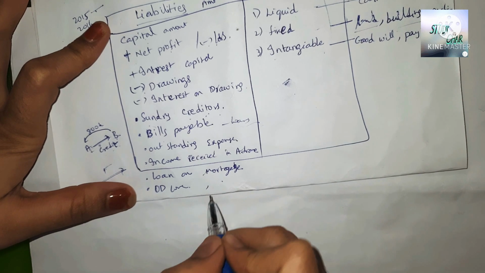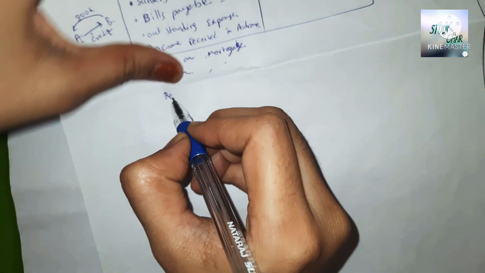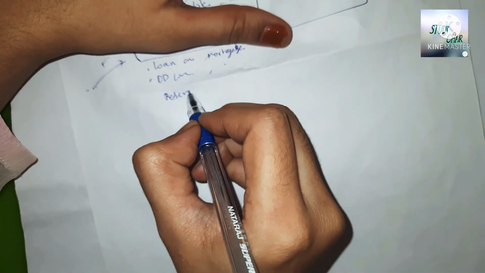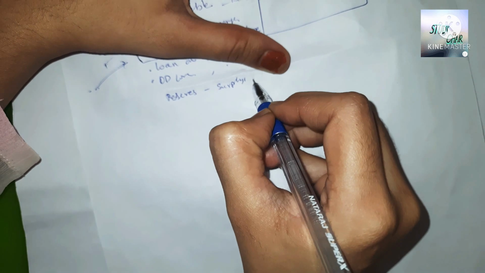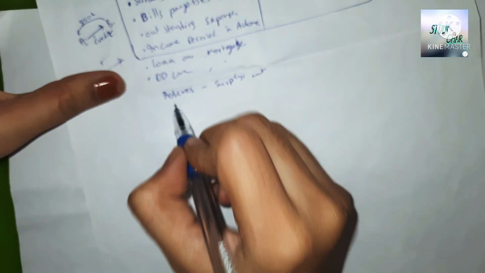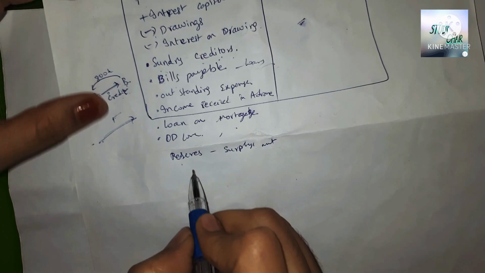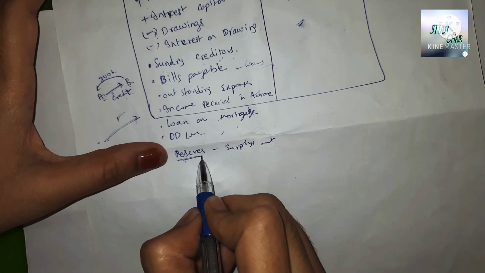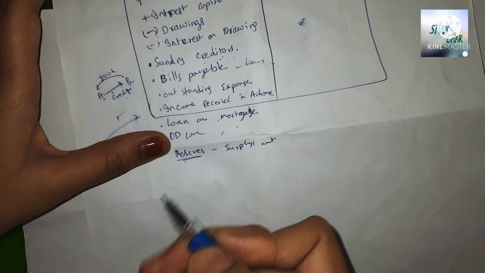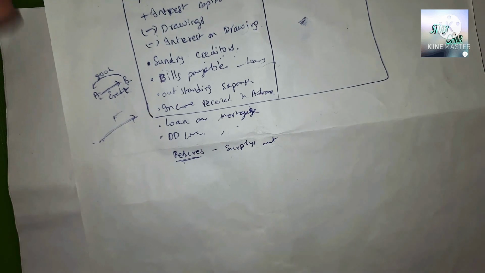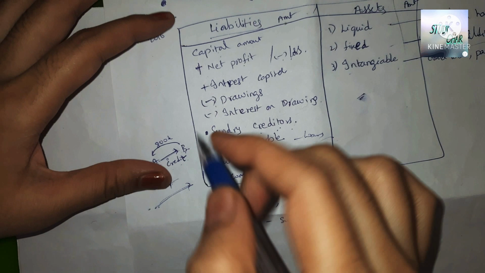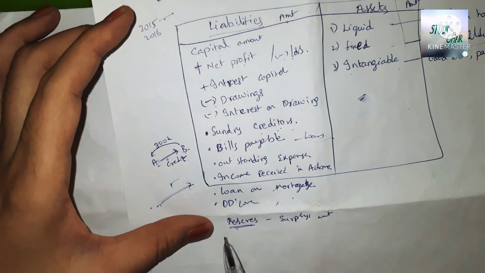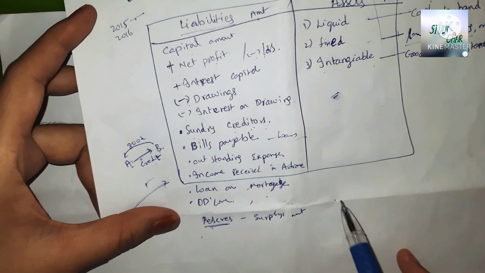And also reserves. That means the surplus amount from last year. Reserves means whichever amount you had left, that is, the remaining amount from last year, that will be taken this year under liabilities. Why can't we use reserves under assets?